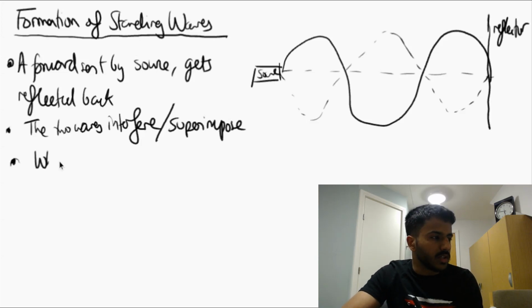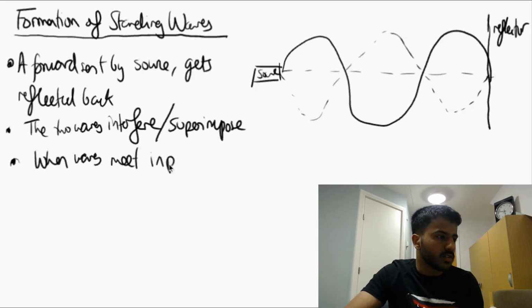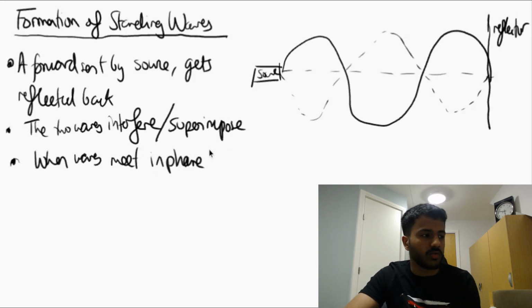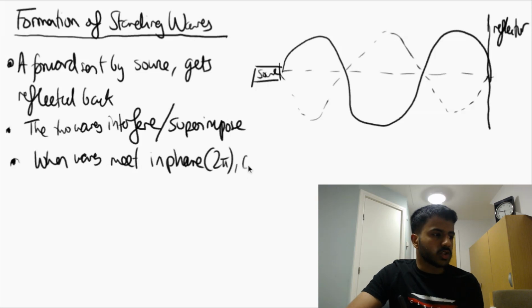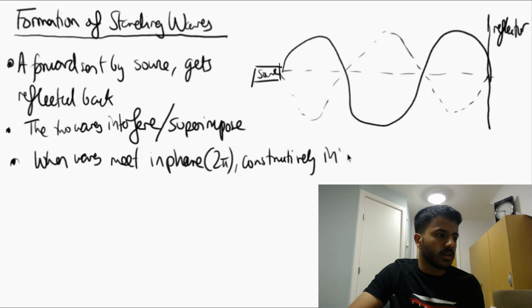So when the waves meet in phase, which means that they have a phase difference of 2 pi, they constructively interfere to form maxima.